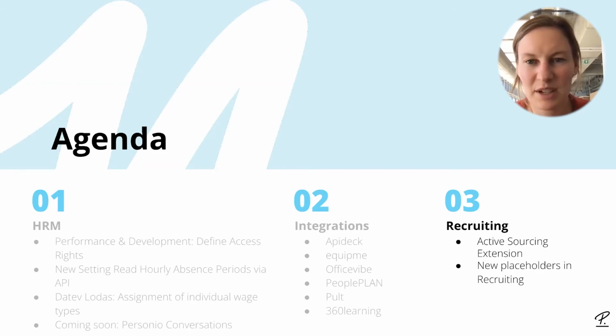Let's wait 3 more seconds so that everyone can vote in the pop-up window. 3, 2, 1, and now we're ending the poll. Okay. All right. So 87% are using active sourcing. That's quite interesting.